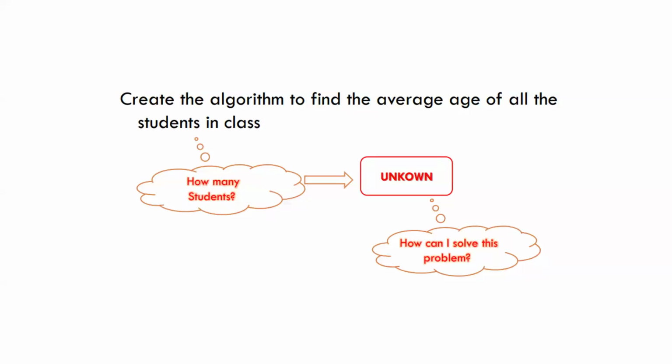So don't forget that you should create your own solution. And how many students, for example? It's a simple question. For example, how can I solve this problem? I will bring some aids. I will bring some information methods. I will define a calculation to calculate this average value.